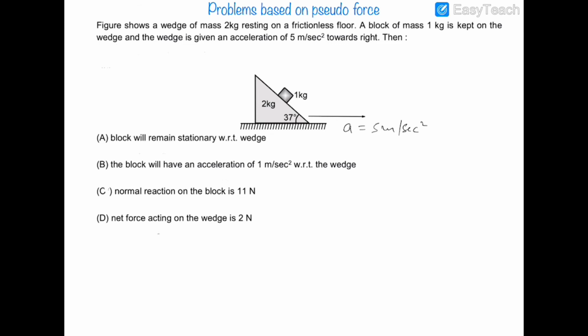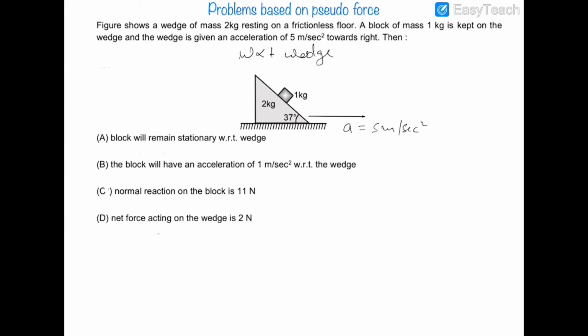So we can see that in all these options we have to solve within the frame of reference of the wedge. So with respect to the wedge, I am drawing the free body diagram. By saying that, we assume that there is an observer who is standing on the wedge itself and he is observing the motion.